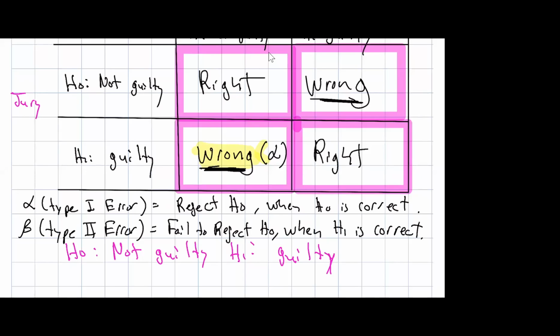All right, so this is actually a type 1 error, because a type 1 error is, if you think about it, when you send an innocent person to jail because you reject the fact that they're innocent and you say they're guilty, but in actuality, they're innocent. So in this scenario, a type 1 error is when you send an innocent person to jail. All right, so that's your type 1 error. Any questions for type 1 error?